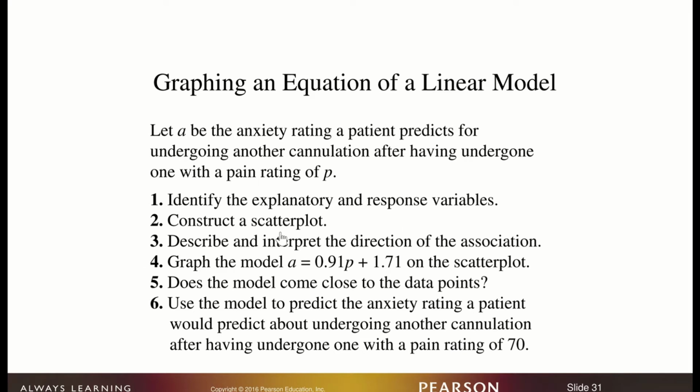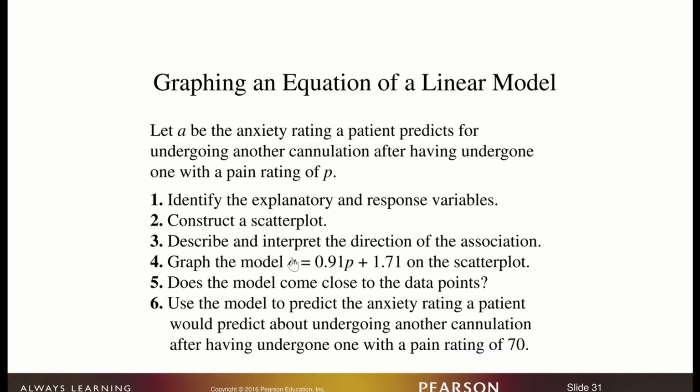Then we're going to construct a scatter plot and describe the direction of this association if there is one. And we're going to graph a model, a best fit model for this particular scatter plot, and see if the model comes close to the data points.